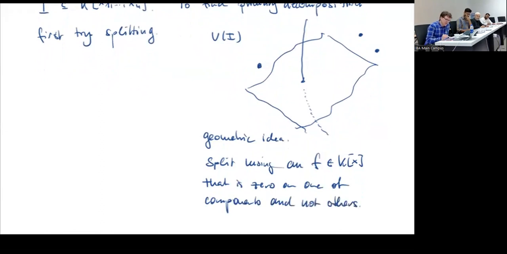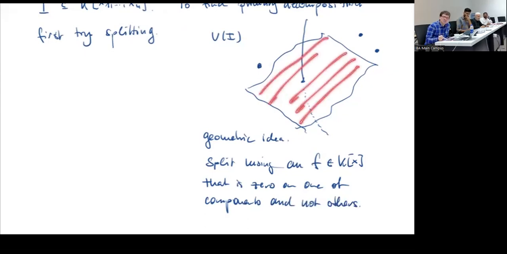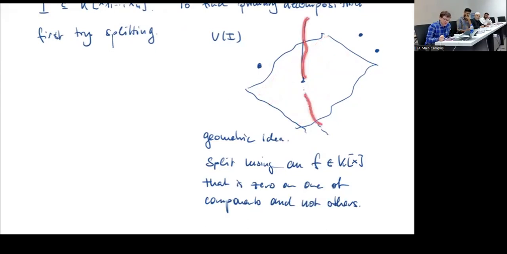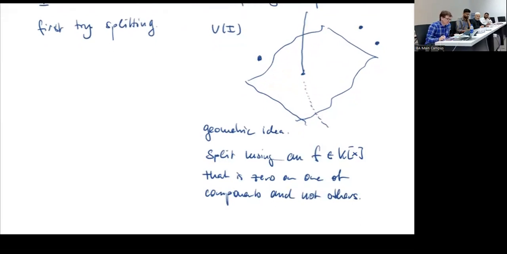Say you find some polynomial that vanishes on this plane, so it's a hypersurface, and it doesn't vanish on this line and these points that are not on the plane. If you find such a thing, you can do an algebraic procedure. So what does it do on the algebra side?